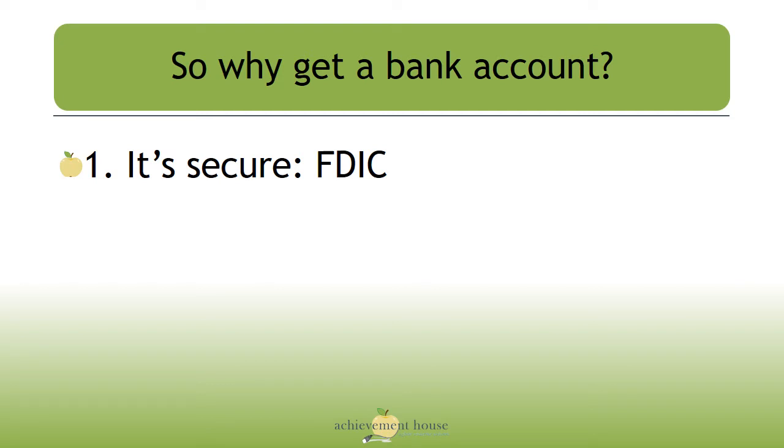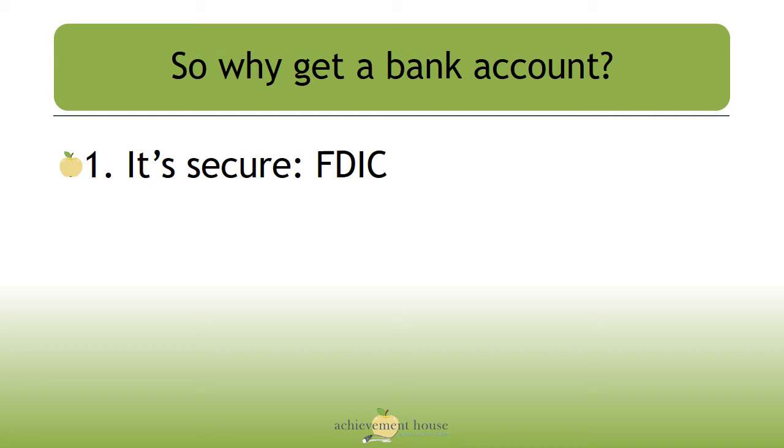It's secured. And the reason the banks are secured is something called the FDIC. And that is the Federal Deposit Insurance Corporation. And basically what that means is the government says that if somebody steals your money, like if a bank robber comes in and steals your money, the government will give you your money back up to $250,000, and it's per account per person.